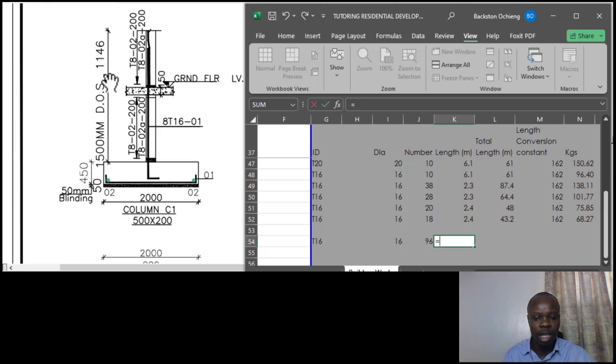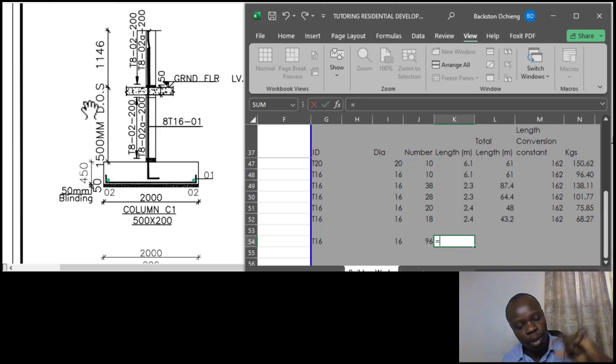Okay, because you realize that when you're going to connect to the superstructure, you won't have that bar starting from the surface of the ground floor slab without any connection. So there is always an overlap between those two given bars.